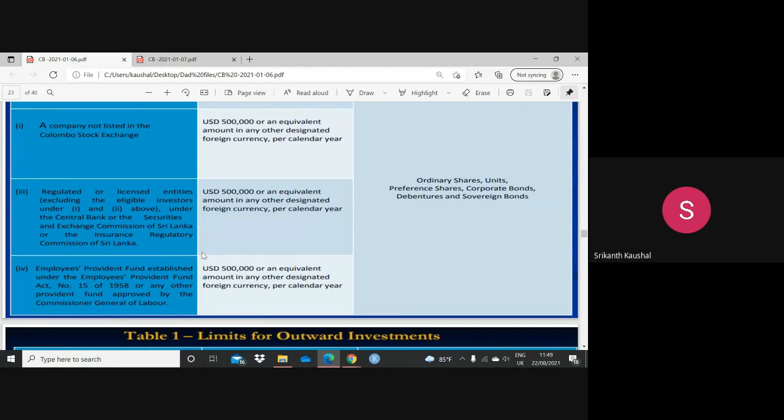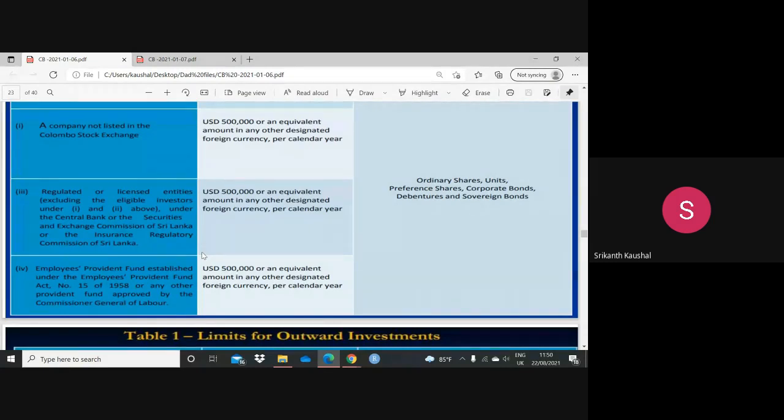So that is the bonds issued by the respective government through their central bank. That is sovereign. That is the utmost top entity in the country. That is what you call sovereign. So the Sri Lankan investors are permitted in shares, preference shares, debentures, corporate bonds, sovereign bonds.